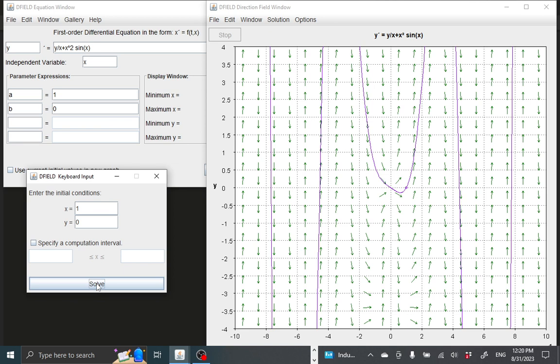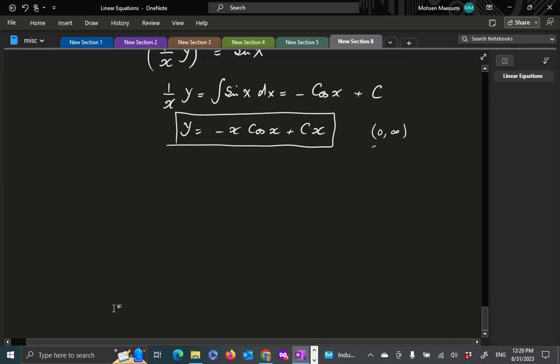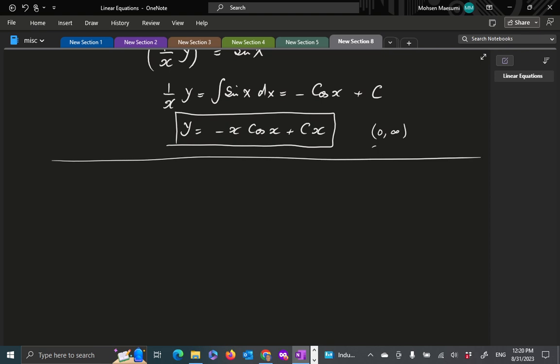One piece from 0 to infinity, another piece from minus infinity to 0. And if your software asks for the solution, it just means the positive component for some reason. Okay. So that is the problem number 6.